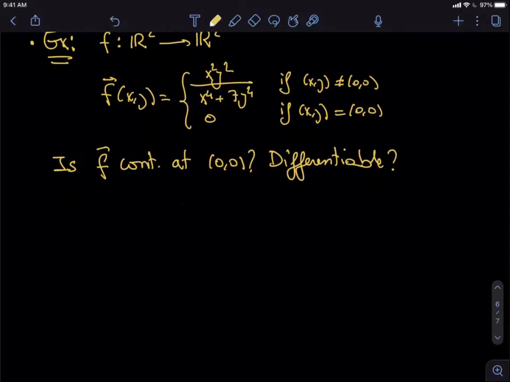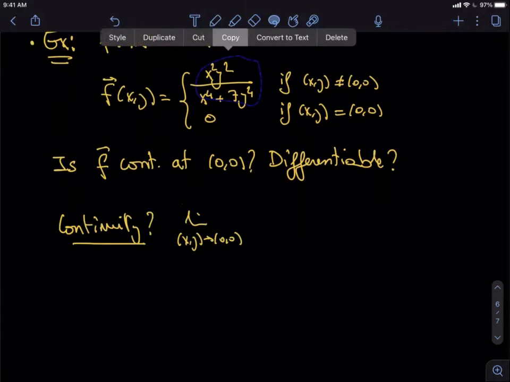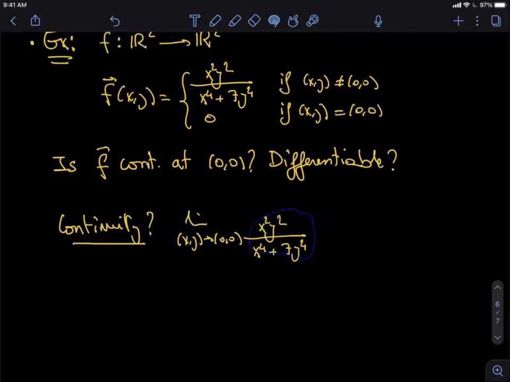So continuity, what we need to check is that the limit as xy tends to 0, 0 of this little monster here, x squared y squared, the values of f outside of 0, 0, is 0.